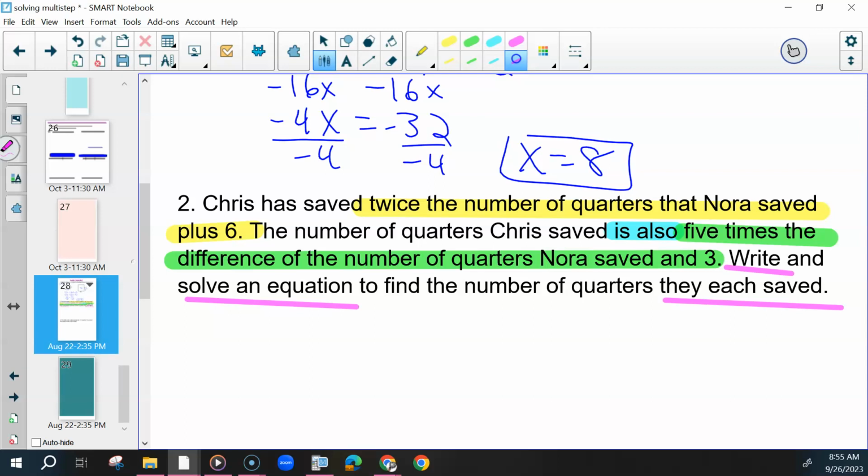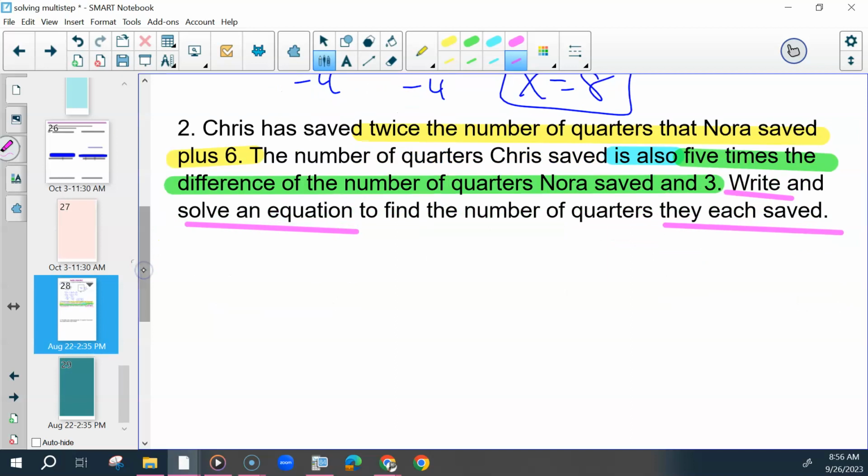So let's start off with a variable. We know this is basically talking about all the amounts Chris has saved compared to what Nora has saved. So if we find how much Nora has saved, then we could go back and do the math to find Chris's number. So let's find a variable for Nora.